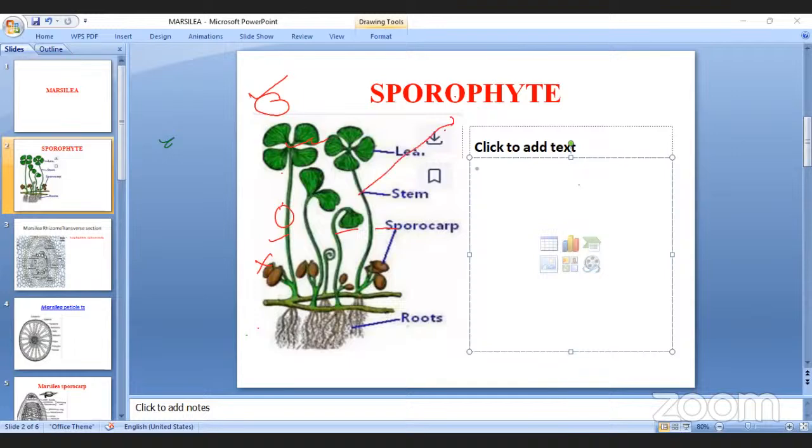In the sporocarp also, clearly mentioned, two sporangia. This is the megasporangium, this is the microsporangium. From these, megaspore and microspore develop.